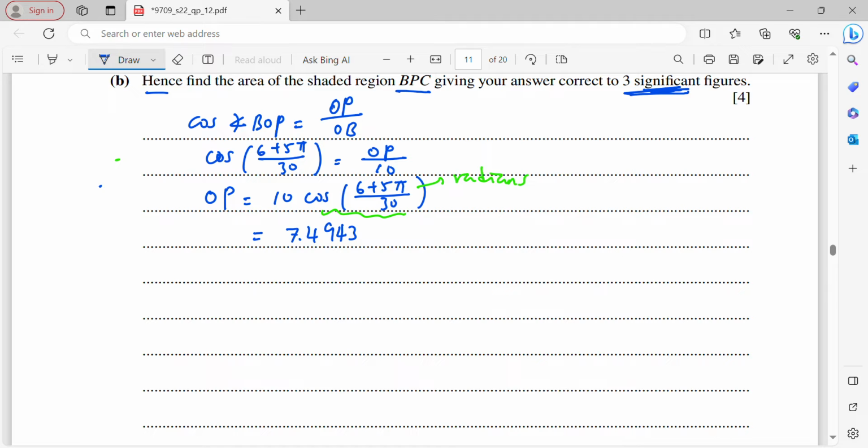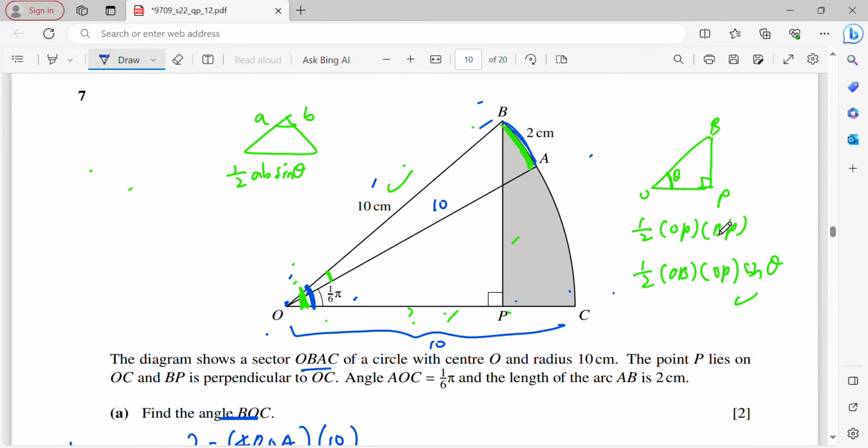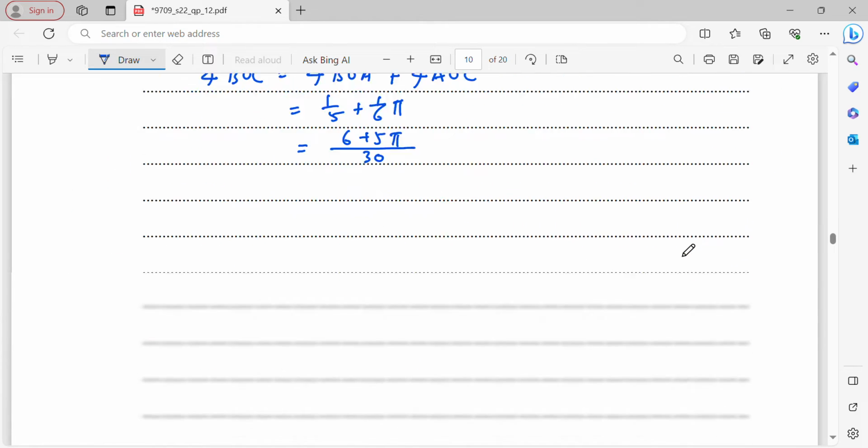Okay, so now my area of the shaded region equals to area of sector. So sector BOC, okay, the big sector.